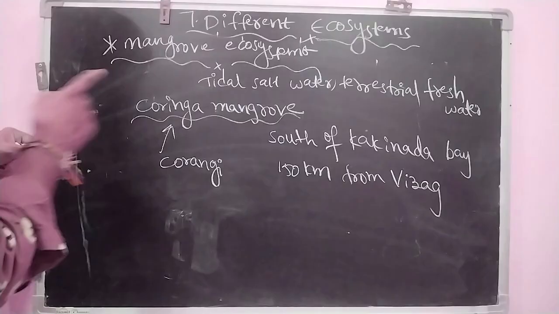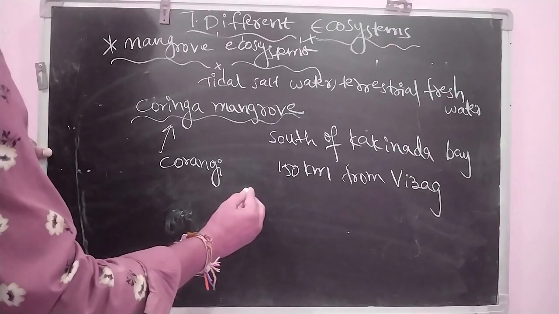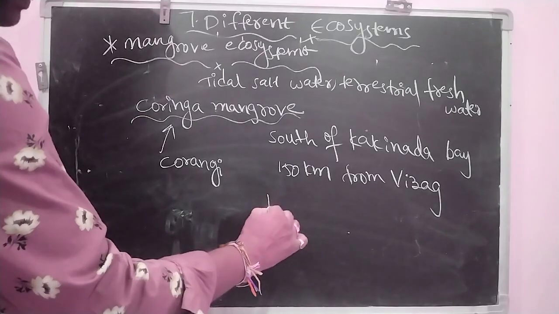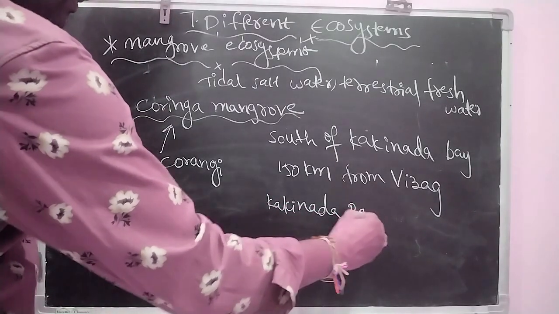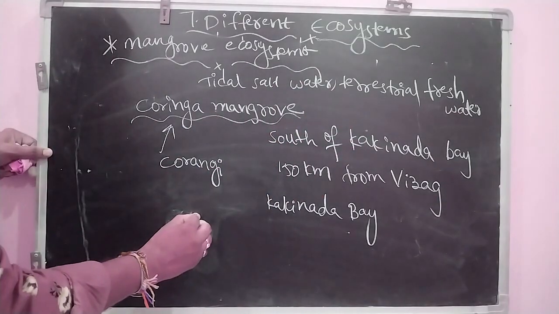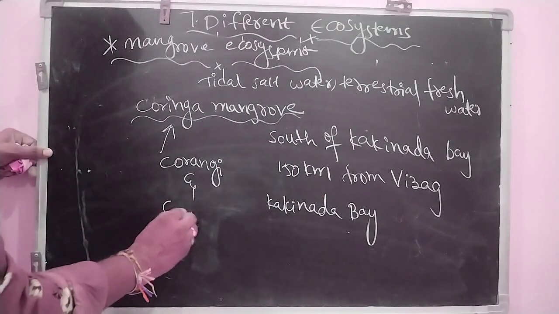In this Coringa mangrove ecosystem, there is water from Kakinada Bay, which is tidal salt water, and the Korangi river and the Gaderu river.